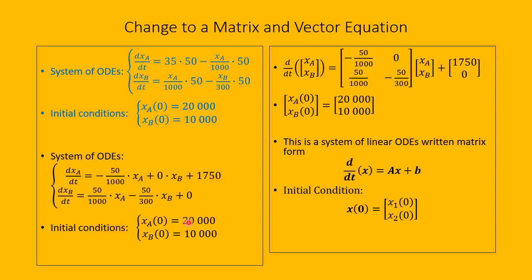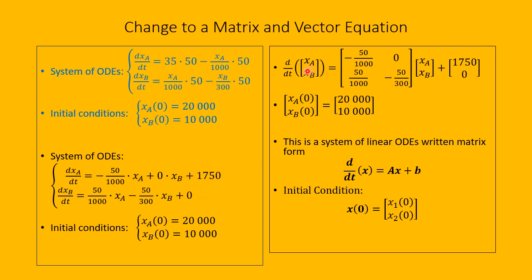The initial conditions are these. So then, looking at this, we can put these two in a column vector. The derivative with respect to t of this vector equals, and now this stuff right here we can write as this matrix times this product plus one more vector here.